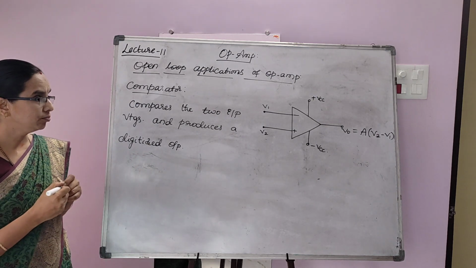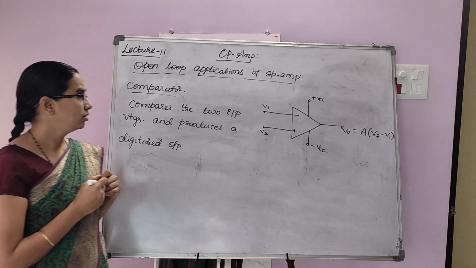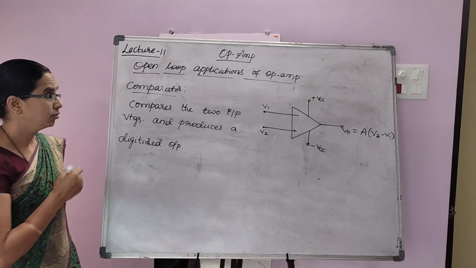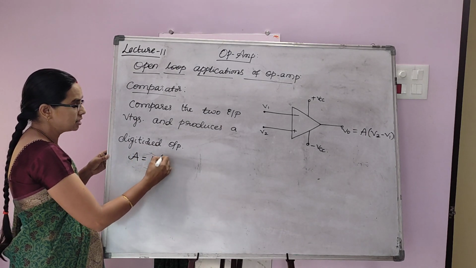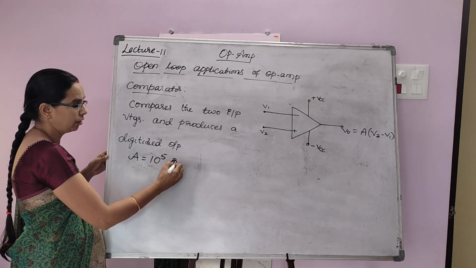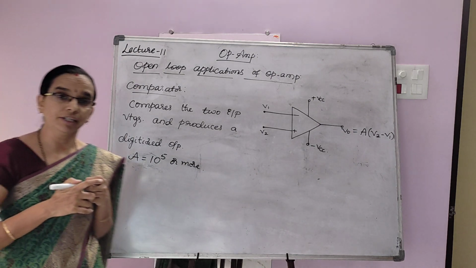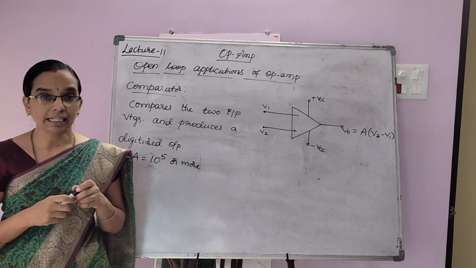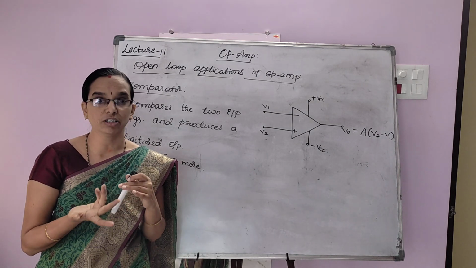As we know, in an op-amp the open loop gain will be infinity ideally, but practically it is around 10 to the power of 5 or 10 to the power of 5 to 10 to the power of 6.